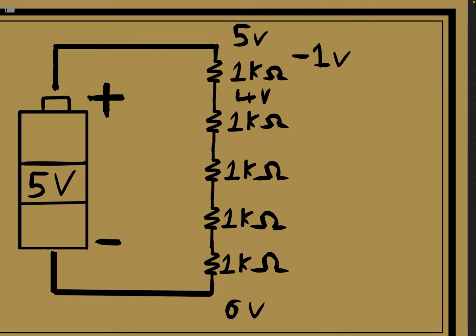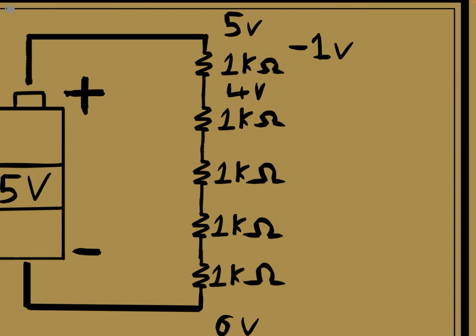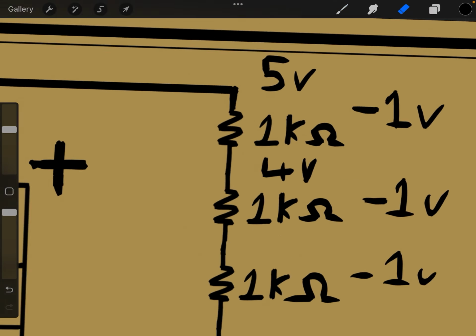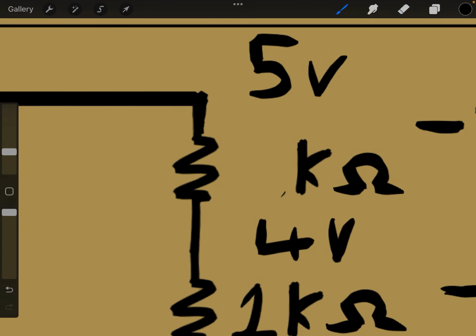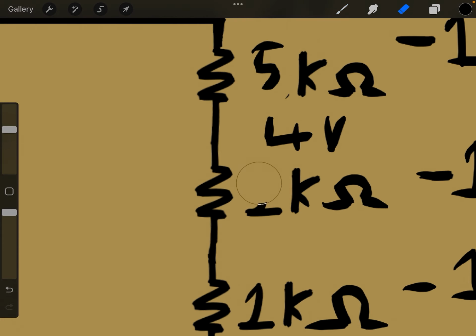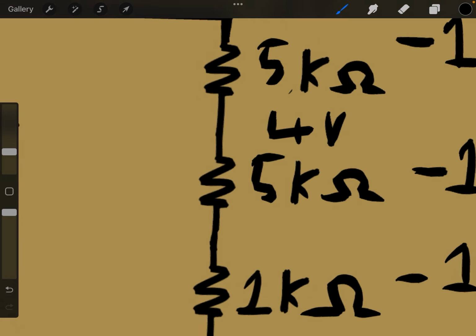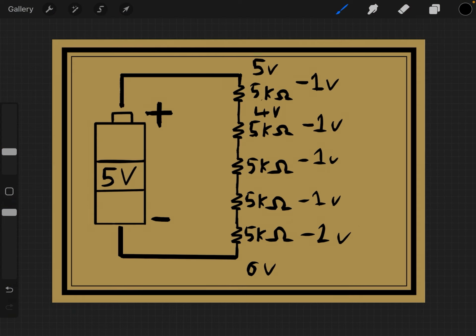And we know that the potential difference lost is proportional to the resistance, then it only makes sense that an equal amount of energy is lost across each resistor here. It has to be. It doesn't matter if these were 1 kilo ohm. This could be 5 kilo ohm and 5 kilo ohm all the way down. As long as you have 5 equal parts, then the voltage loss across all of them must be equal.